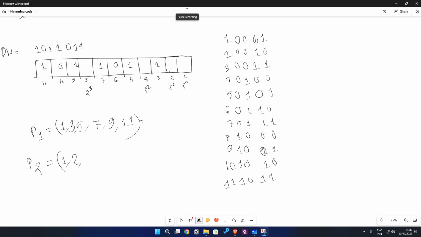So in the second position we are seeing 1 in the second row, second bit stream, so we'll consider 2 here, the third one also, then all the way up to the sixth one, 7th, 10th, and 11.